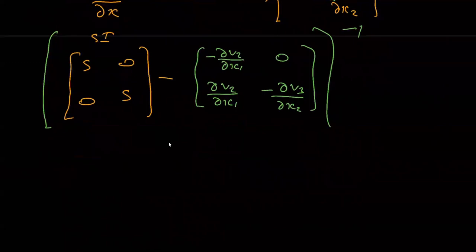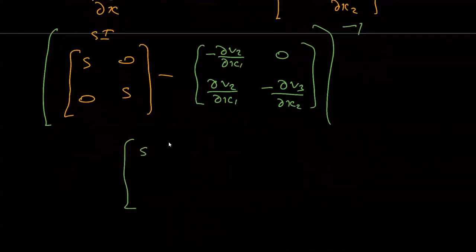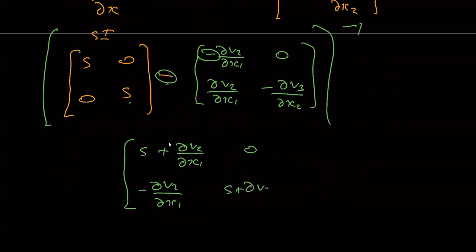If we write this whole thing down first, we've got s. Watch these minuses here: minus, minus, so that's plus dv2 dx1. 0 minus 0 is 0. 0 minus that is minus dv2 dx1. And lastly, s minus minus, so it's s plus dv3 dx2. I don't really have to go any further.